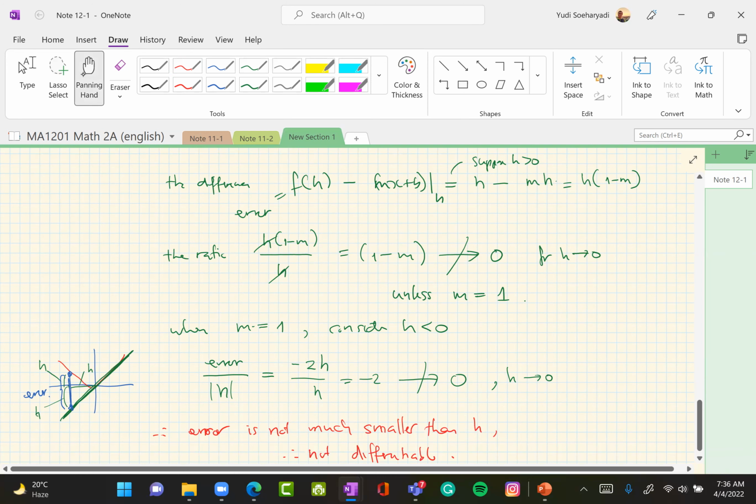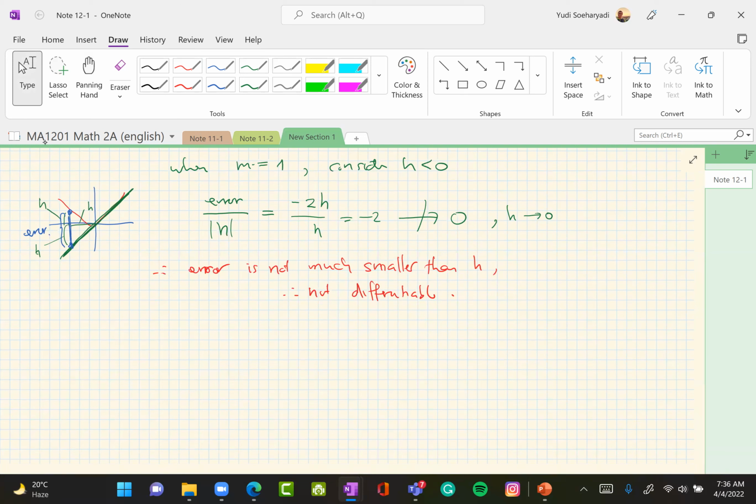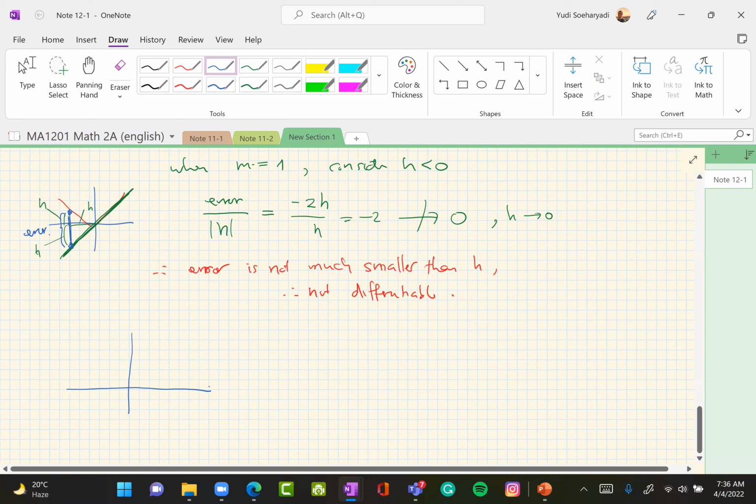So that's the reason why this picture is not differentiable.